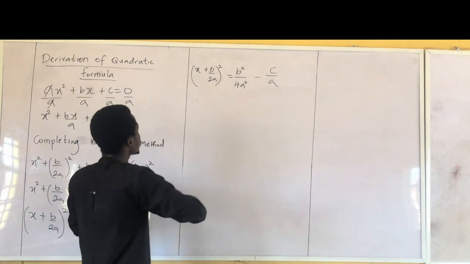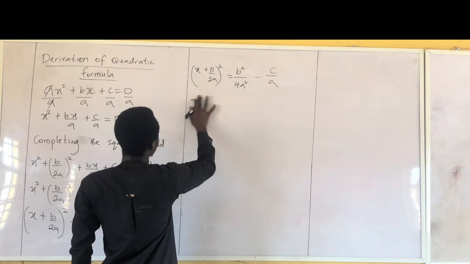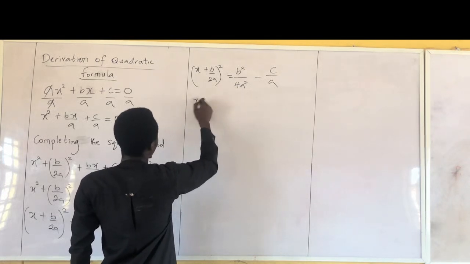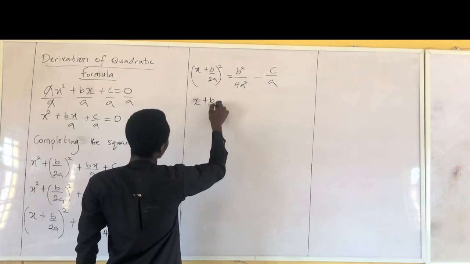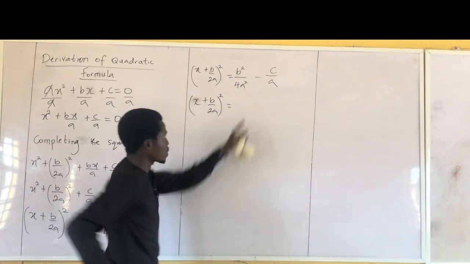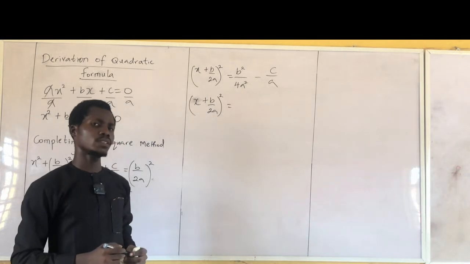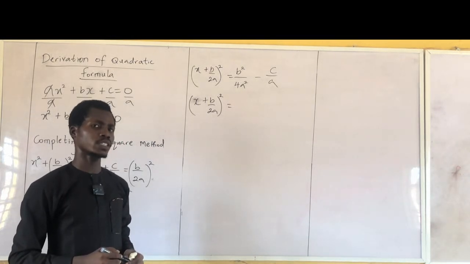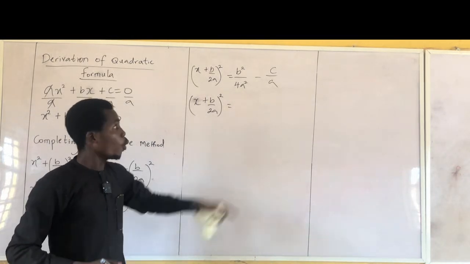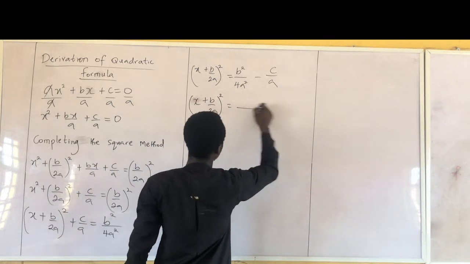Okay, so what is the next thing to do? We write x plus b over 2a, close the brackets. So what's the next thing we're going to do here? What do you do whenever you see any equation like this? Mathematically, think. What you do is the lowest common multiple.